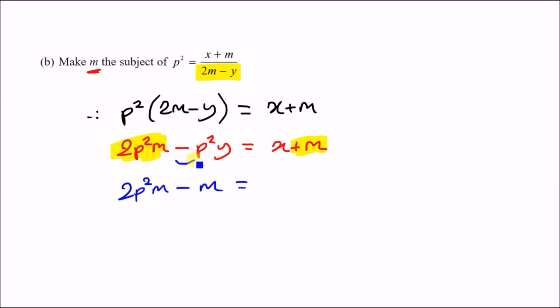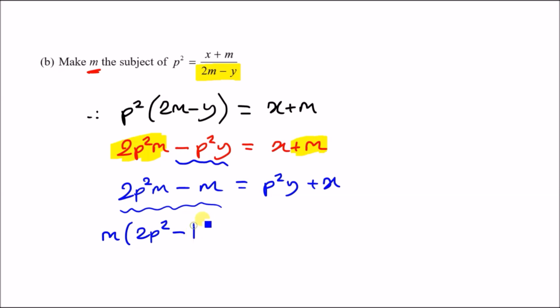We also add this term to the right, so we get positive p squared y, and we still have a plus x. Almost done. Now all we want to do is isolate the m. This is the tricky bit. To isolate the m, you take the common factor, so m goes out, and you're left with 2p squared minus 1.